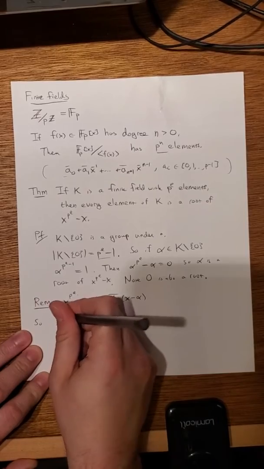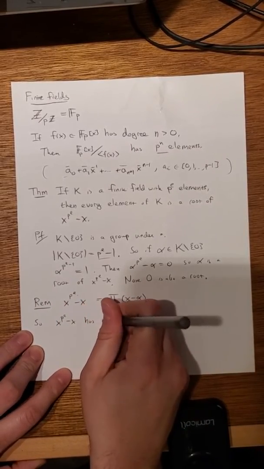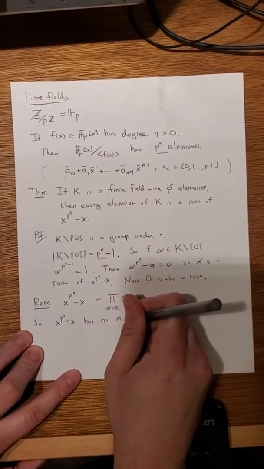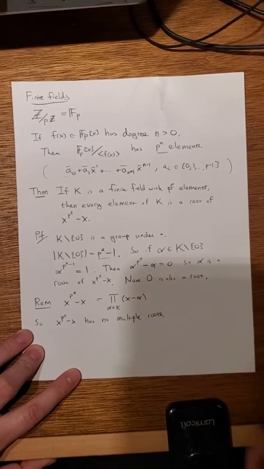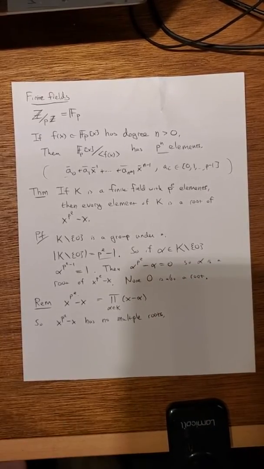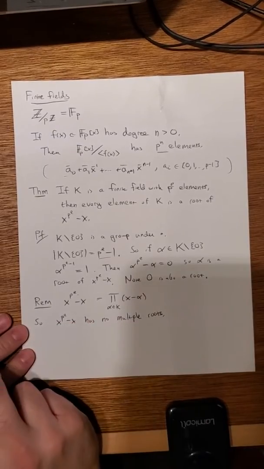So x to the p to the e minus x has no multiple roots. And that'll be important for us in just a second. I want to point out that there's another way we can see that x to the p to the e minus x has no multiple roots, say in K[x].